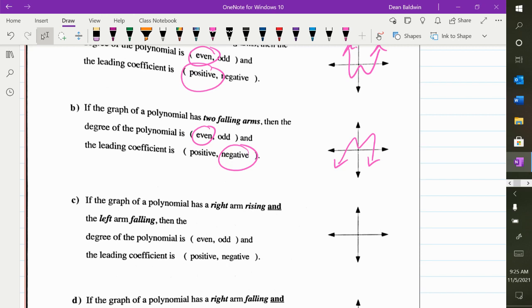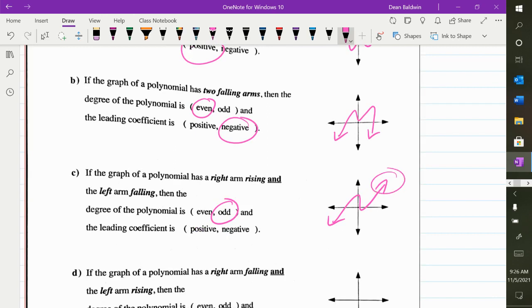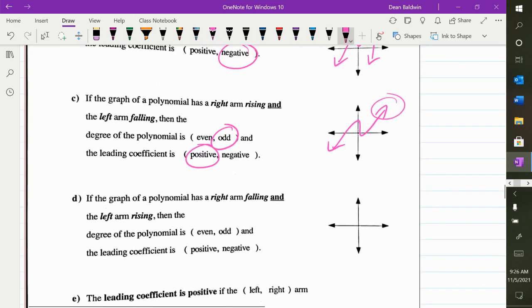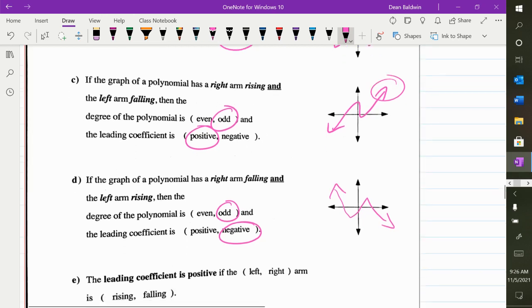Odd. It has to be odd. It has an odd degree, but the leading coefficient is positive because the right arm is up. And conversely, the right arm is falling and the left arm is rising, so it looks like this. It has to be odd and negative leading.